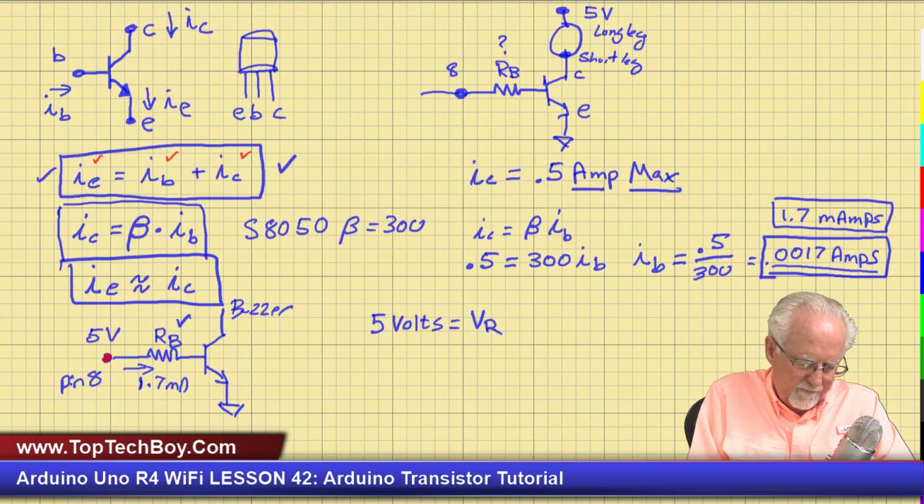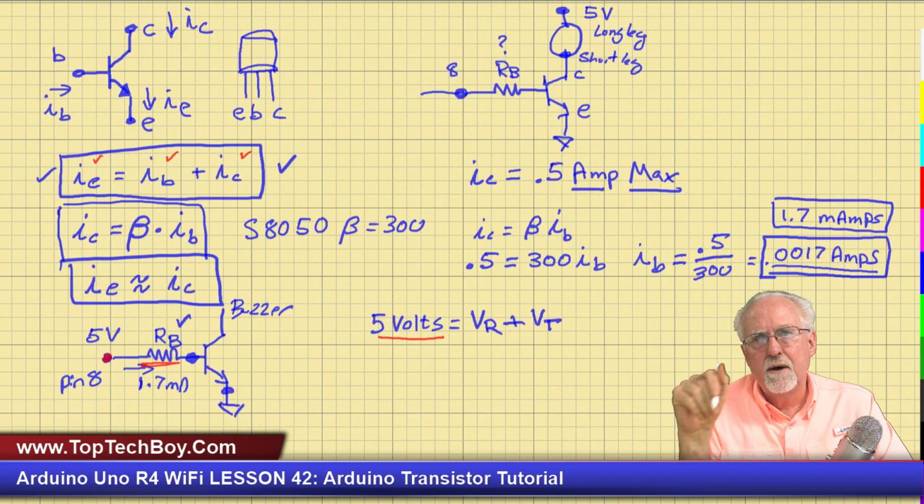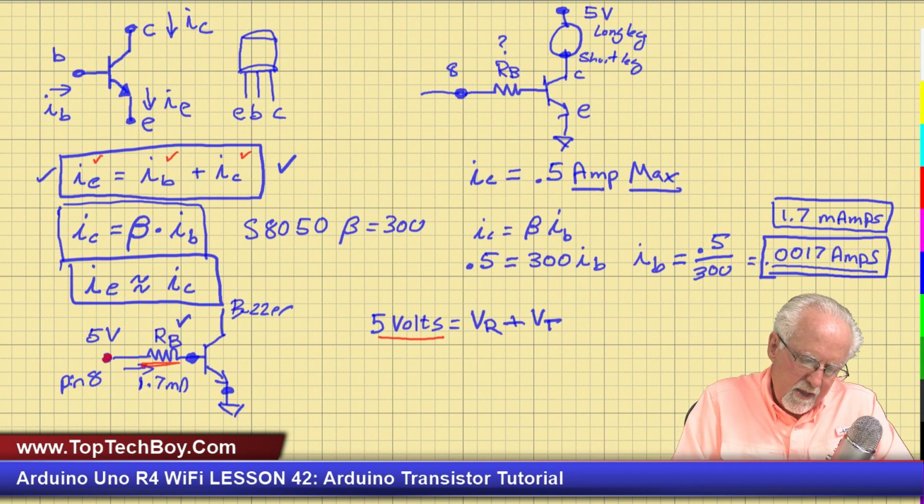So I start at 5, and then I'm going to have a voltage drop across the resistor, and then I'm going to have a voltage drop across the transistor, a voltage drop from here to here. That is the base emitter voltage drop. And we know that the voltage between the base and the emitter on an NPN transistor is about 0.7 volts.